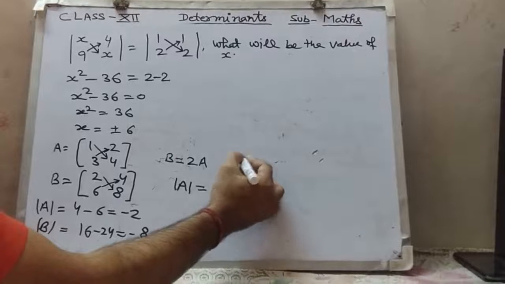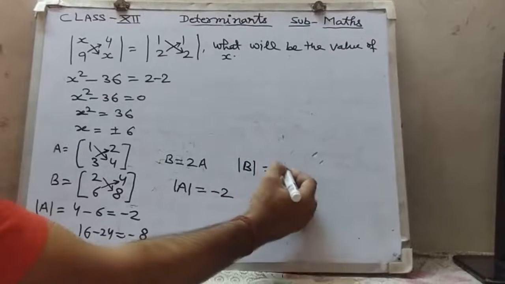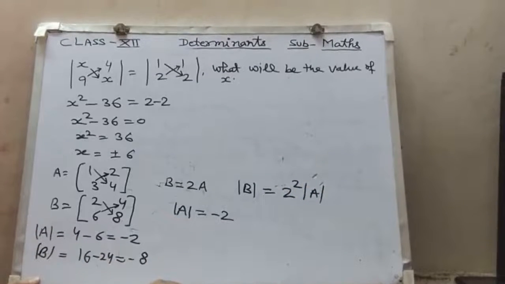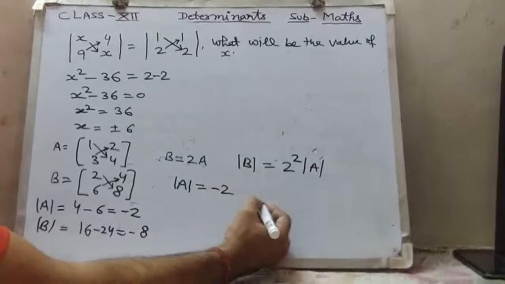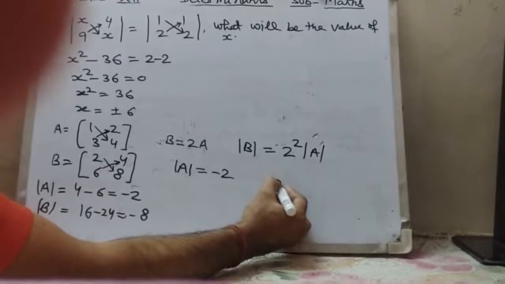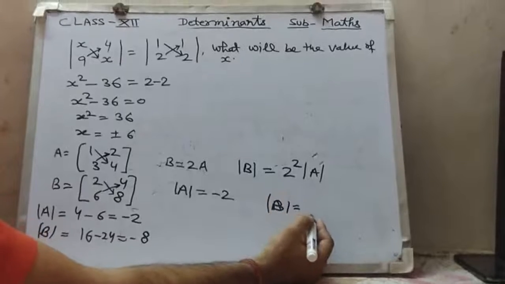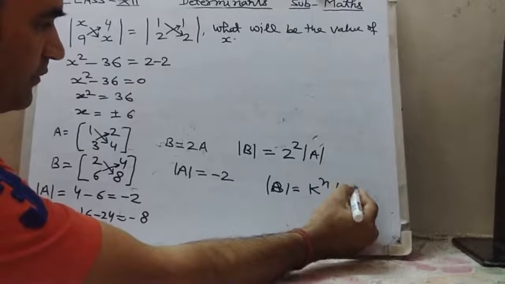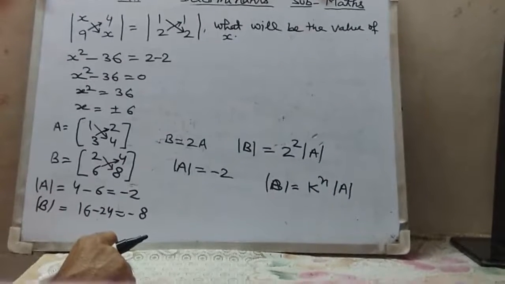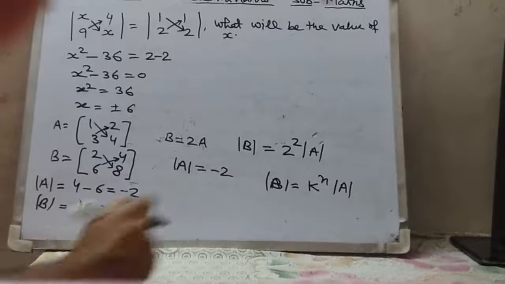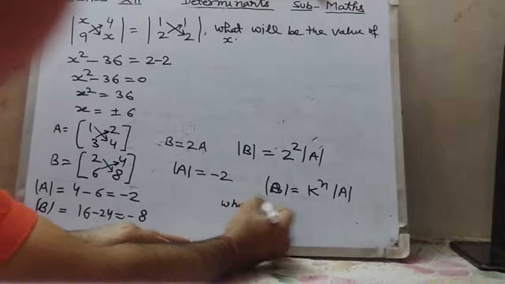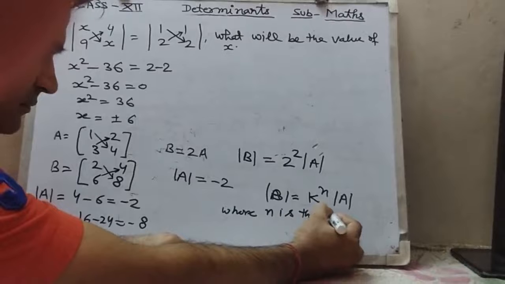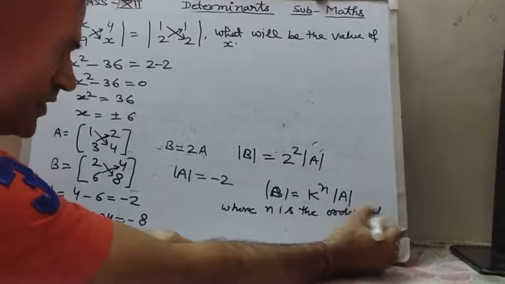Then determinant of B will be equal to 2 raised to the power 2 into determinant of A. Means common property will be determinant of B is equal to k raised to the power n into determinant of A, where n is the order of a square matrix.